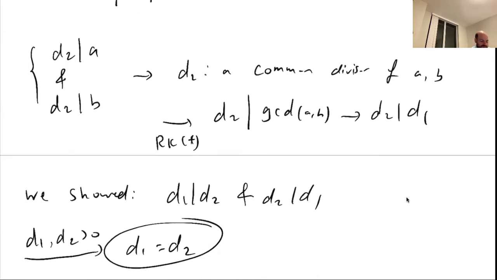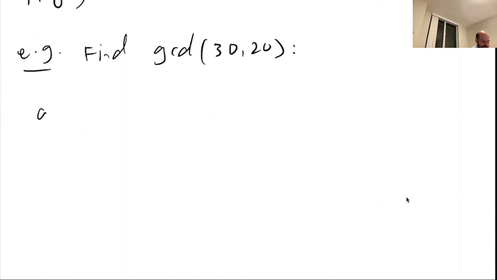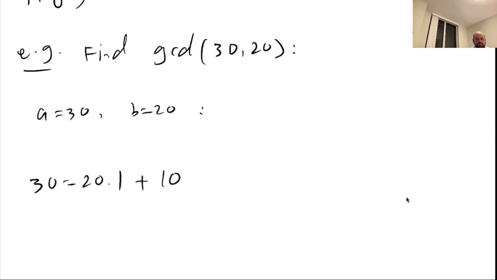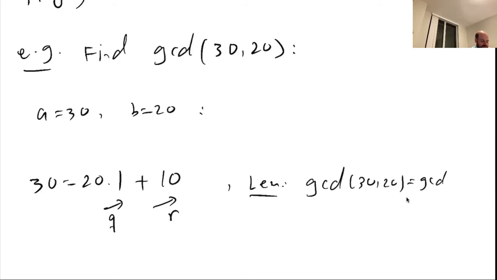So here my number A is 30, B is 20. So I can say 30 is 20 times 1 plus 10. See, this is my Q, and this is my R. And the lemma above says that the GCD of 30 and 20 is the same as the GCD of 20 and 10.